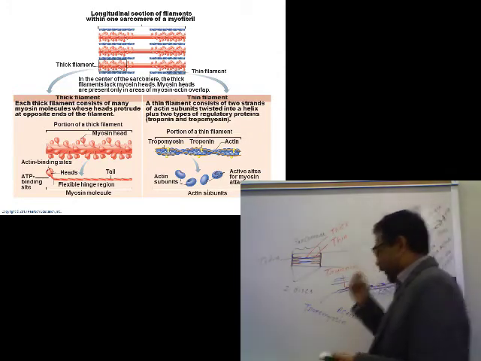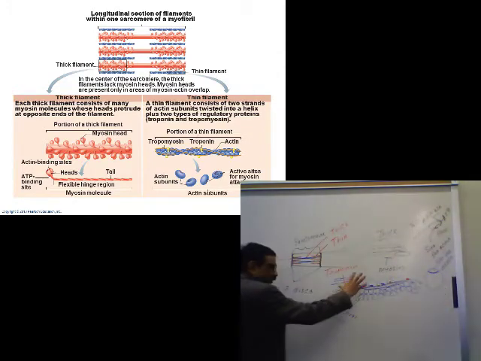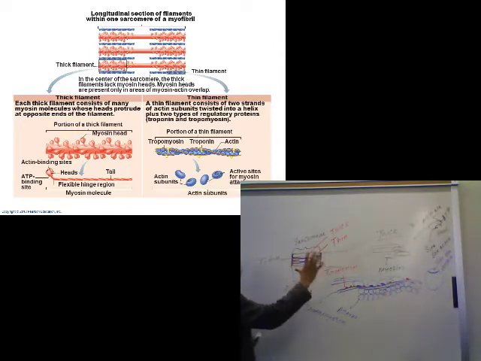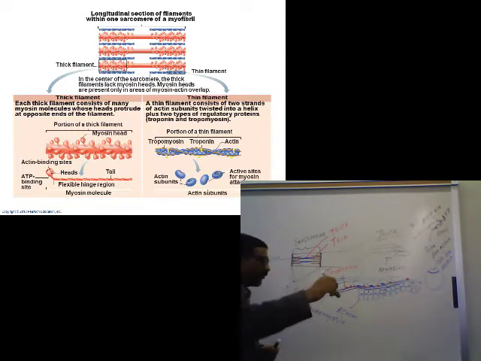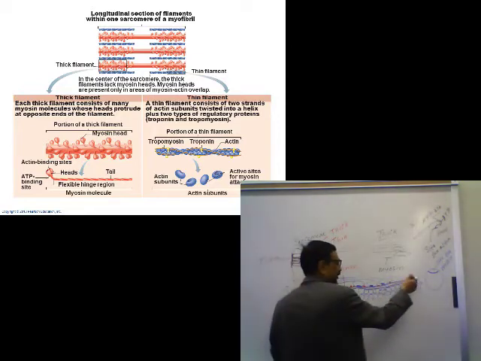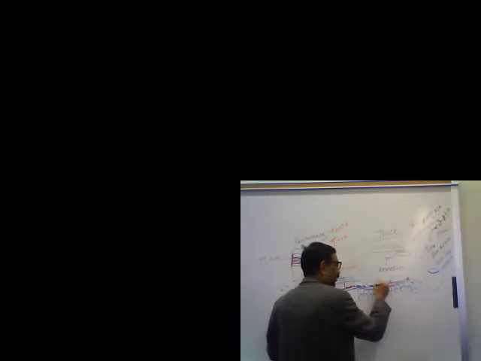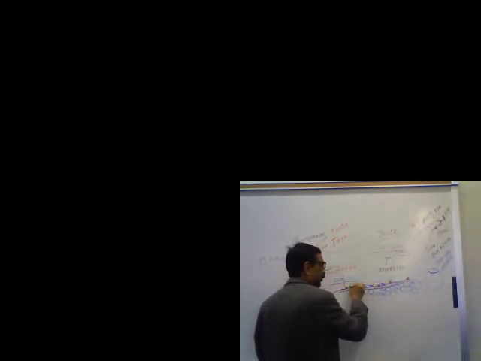Now, what happens? Now you've got the structure here. Now what happens during muscle contraction? The calcium is released, and those calcium molecules get attached to the troponins like this.